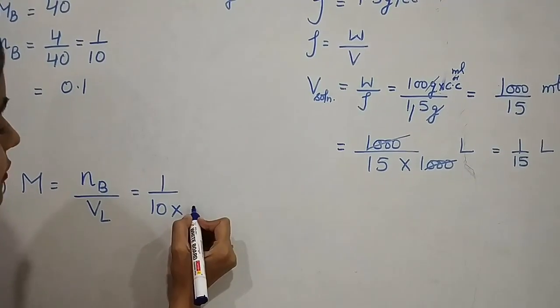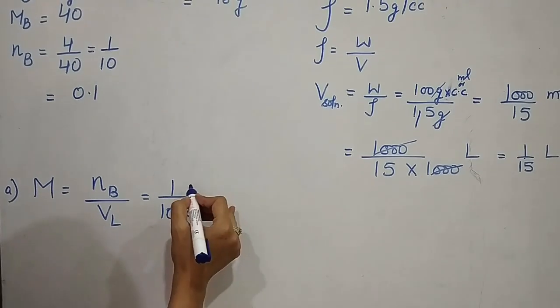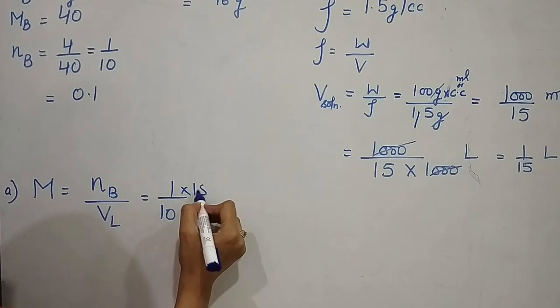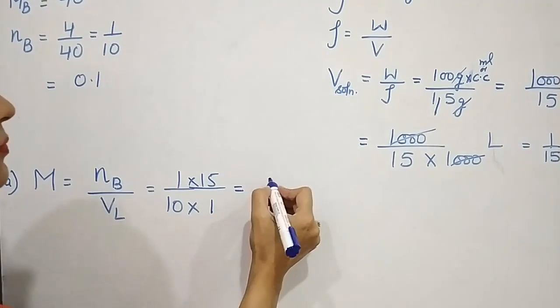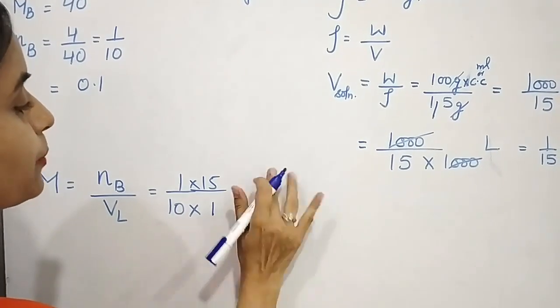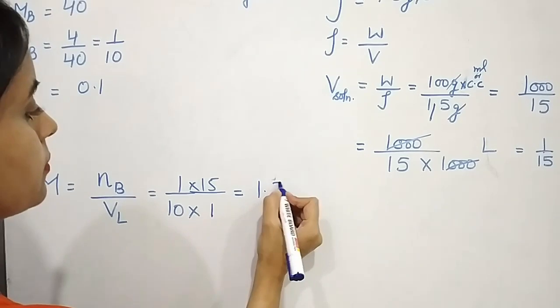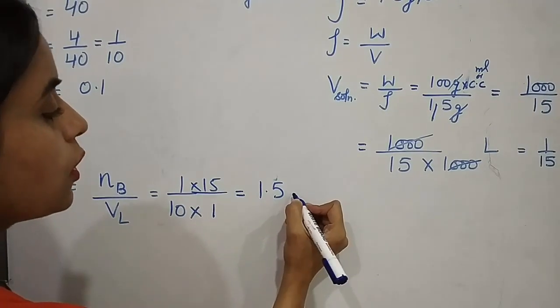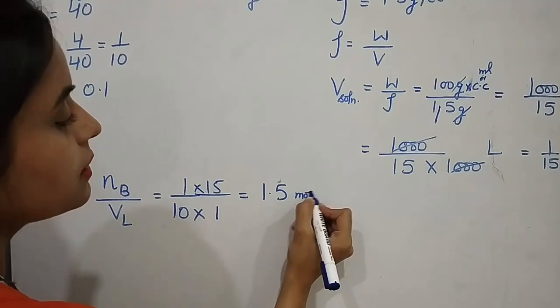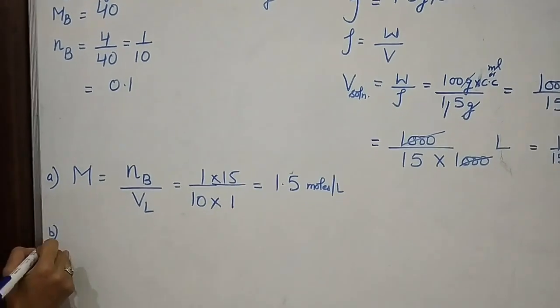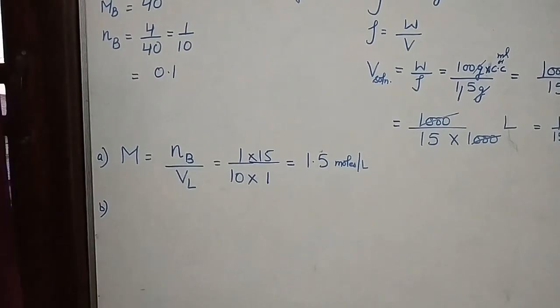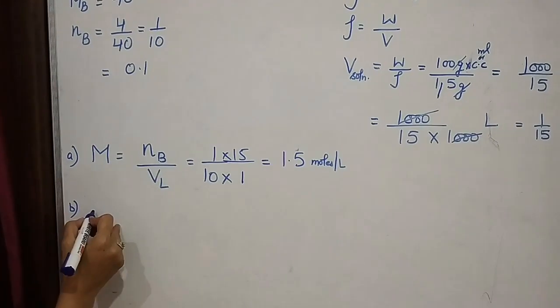Volume is 1 by 15, so 15 goes towards the numerator. So you have 1.5 molar, or you can write moles per liter. So this is your first question, that is molarity.